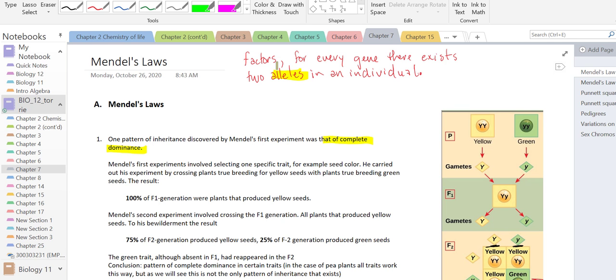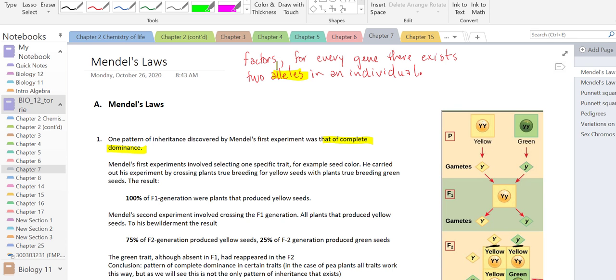Remember that our chromosomes come in homologous pairs. We inherit one set of chromosomes from mom, one set of chromosomes from dad, and it doesn't matter what type of organism you are. If you're an organism that is produced through sexual reproduction, then you inherit one set of chromosomes from mom, one set from dad.